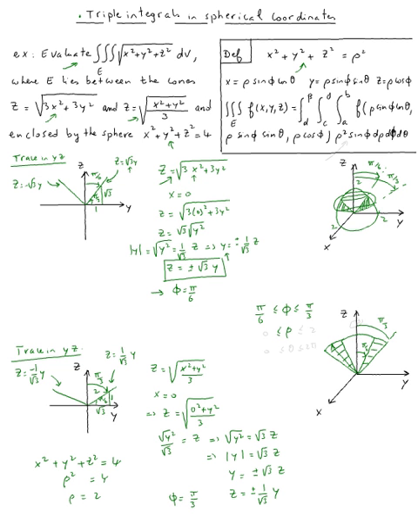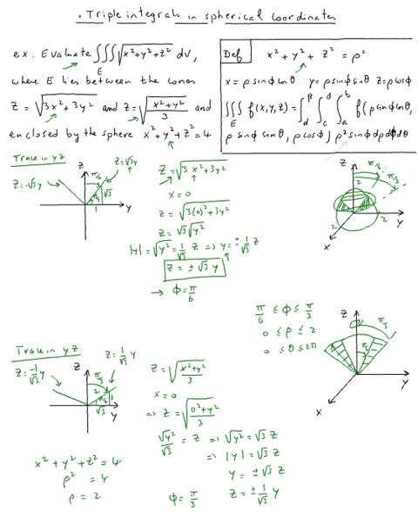So rho to go all the way to the sphere, which is from 0 to 2. And I want my theta to go around all the way, the whole revolution. So theta to go from 0 to 2 pi.